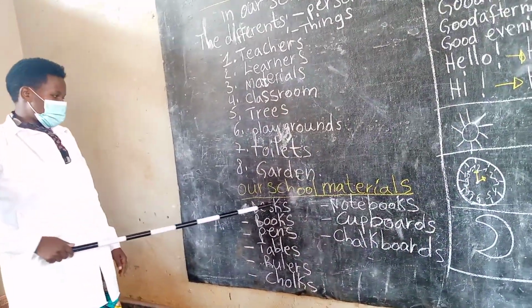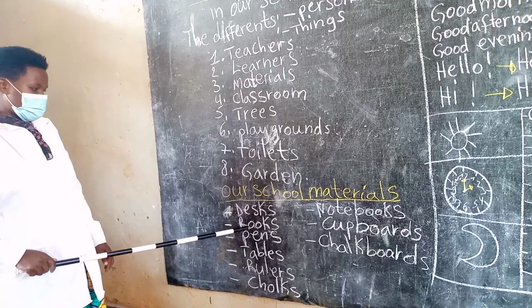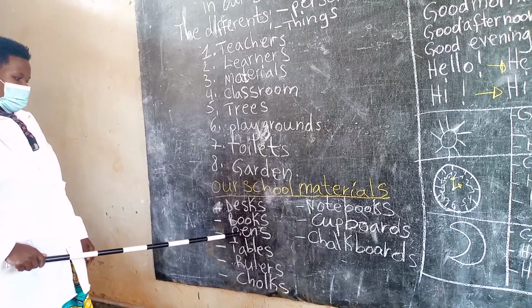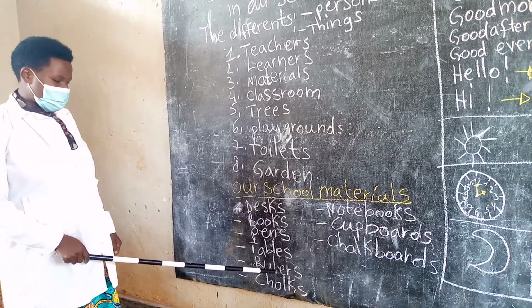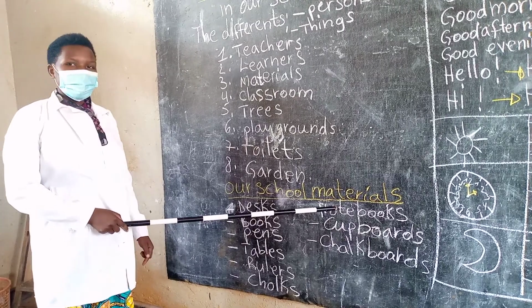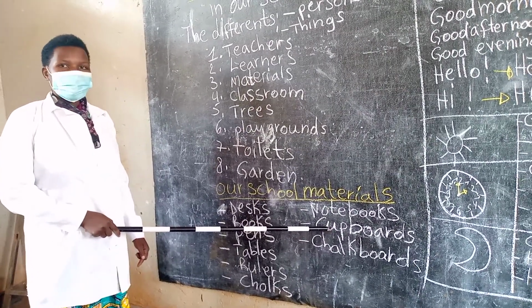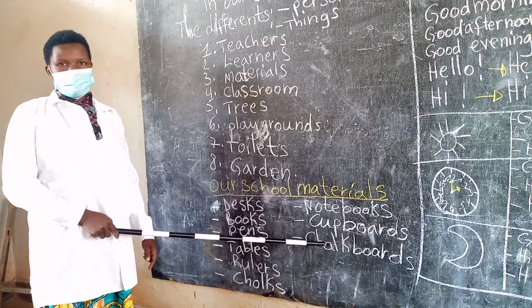In our materials, there are the desks, books, pens, tables, rulers, chalks, notebooks, keyboards, and chalkboards.